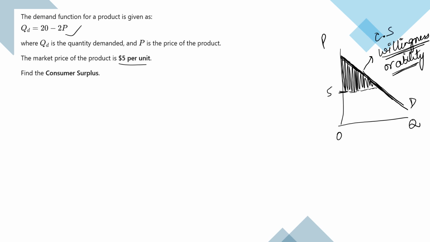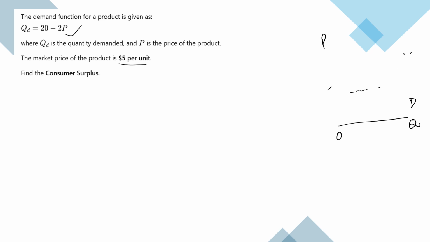So let's take the values and firstly draw the demand curve. In our previous video, we learned how to draw a demand curve using a demand function. The demand function is QD = 20 - 2P.